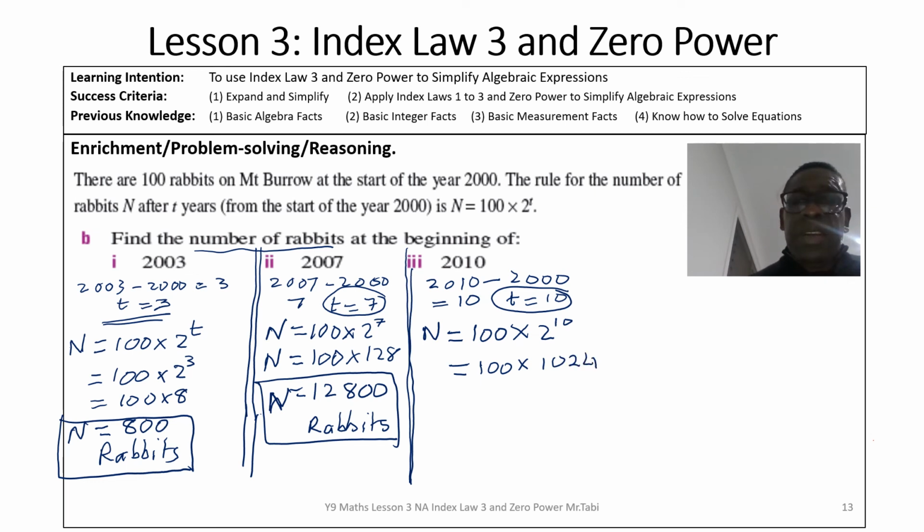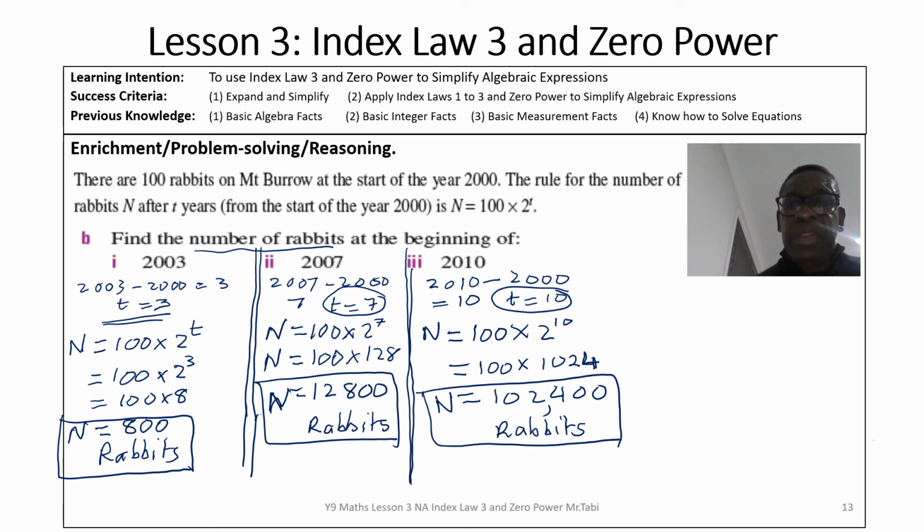You can just grab your calculator and do 2 to the power of 10. And this will be equal to 102,400 rabbits. And that's the number of rabbits.